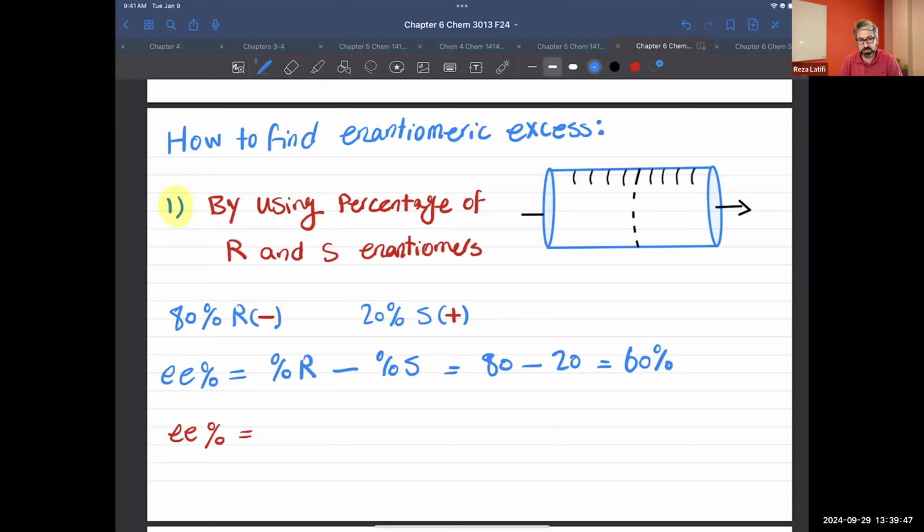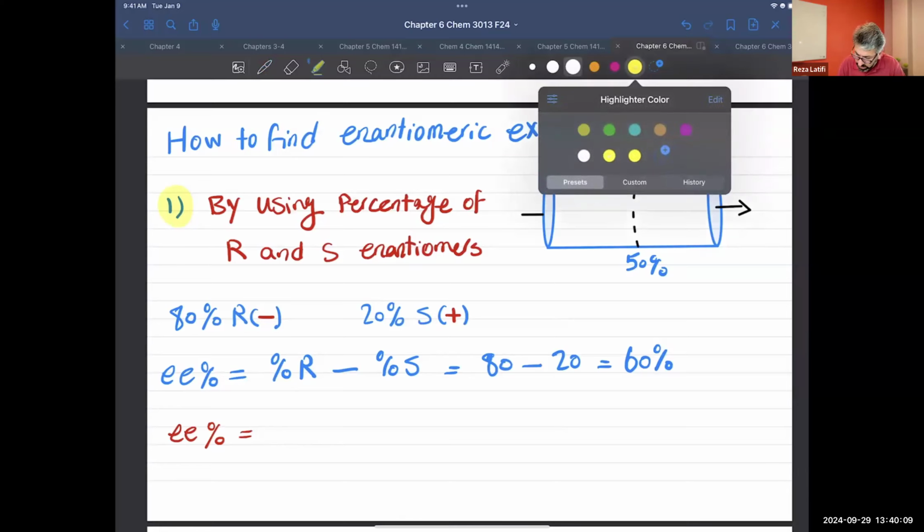Okay, I have 60% and X's. What does it mean? It says you have 80% from R. So let's show the 80% from R. Okay, this one is the 50%. And 80% is going to fall, let's say this is 60, 70, 80. So it's going to fall here. And I'm going to highlight that one with yellow color.